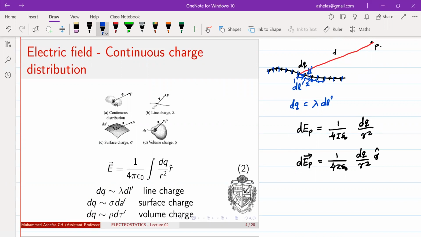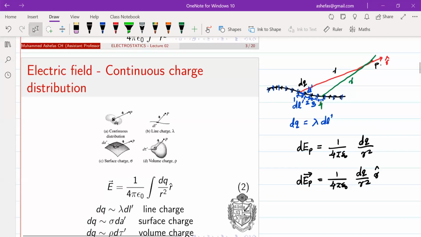So this R is not a constant here. The R is a variable. And for the third segment, again, the electric field will have the same expression, but the meaning of R would be different. This would be the direction of R cap as far as the first segment is concerned. And if you consider the fourth line element, this would be the R, and this direction would be R cap like this.